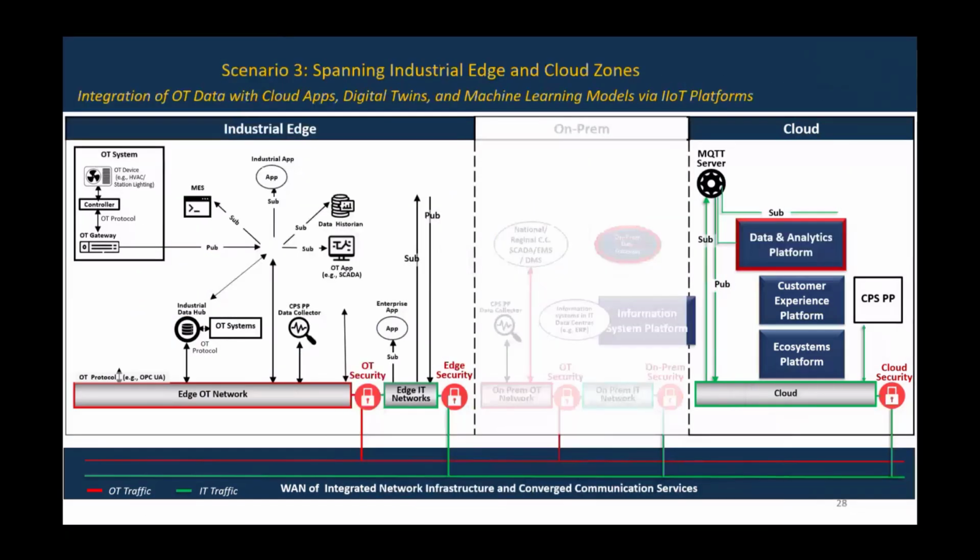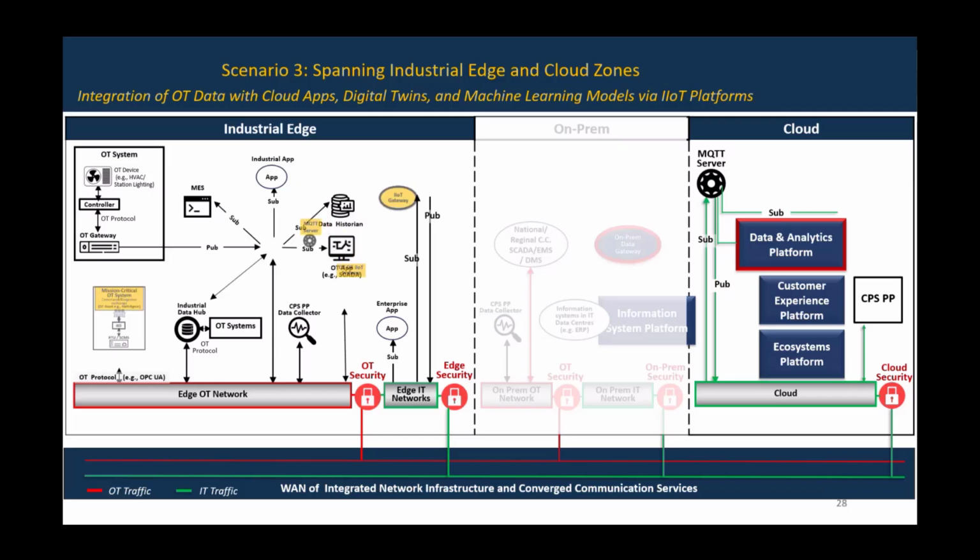The third integration scenario spans the industrial edge and the cloud, and it is about integration of operational technology data with cloud applications, digital twins, and machine learning models by an industrial Internet of Things platform.